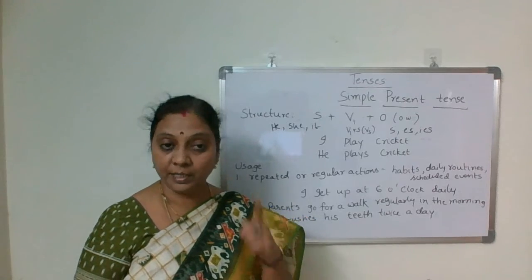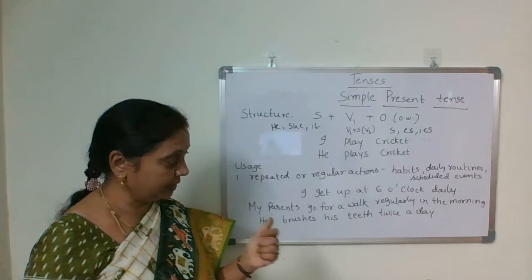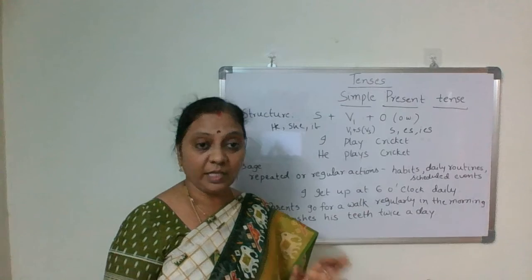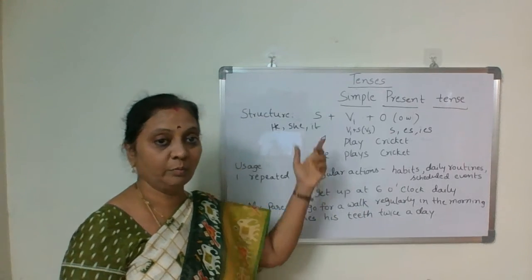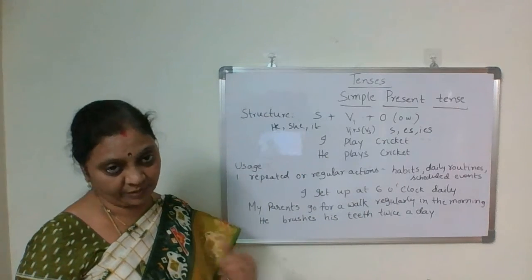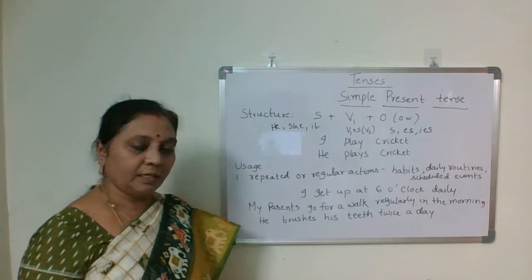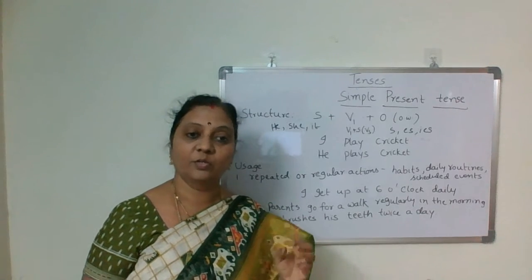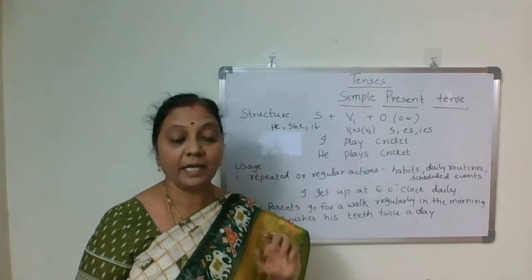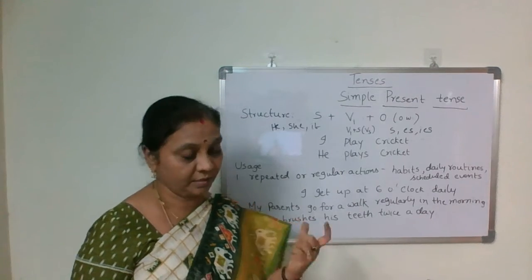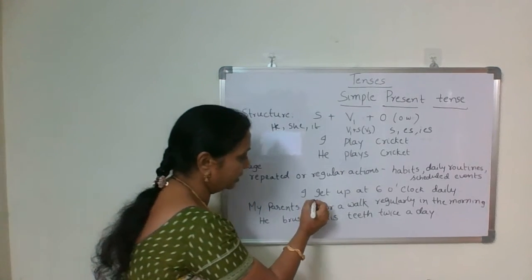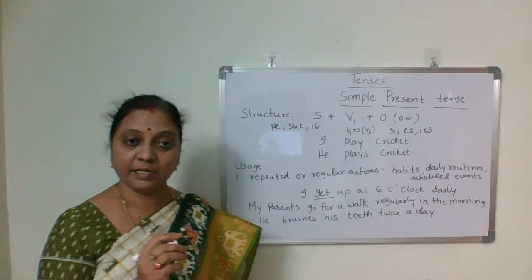To talk about your daily routines, or any scheduled events, we use simple present tense. How? I get up at 6 o'clock daily. I get up. See, this is simple present, isn't it?